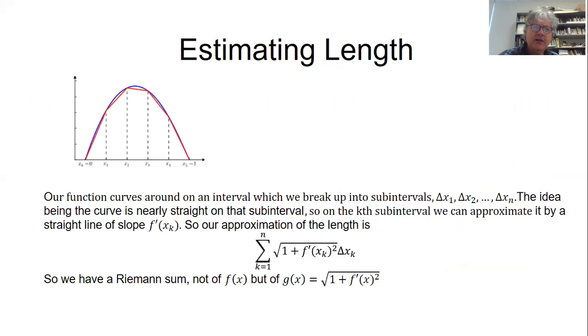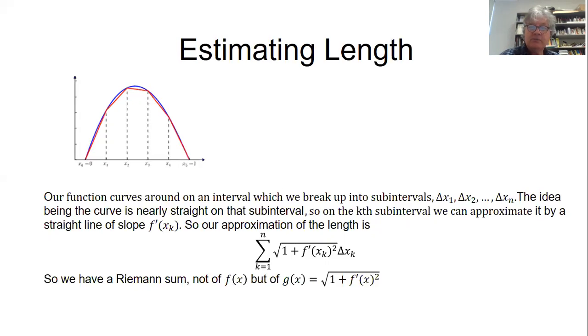So our function curves along on some interval, and we take our interval and break it up into subintervals, delta x1 through to delta xn. And the idea is, since we've made pretty small subintervals, the function looks kind of straight on each subinterval. So we can approximate it as a straight line with the slope of the derivative of the function.